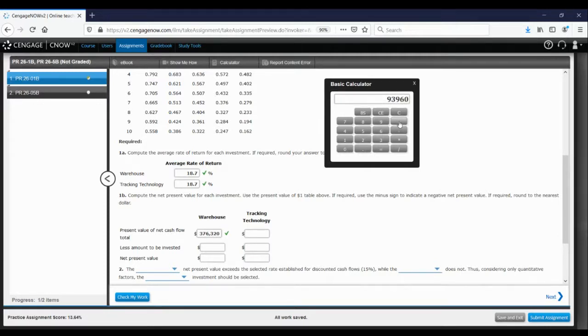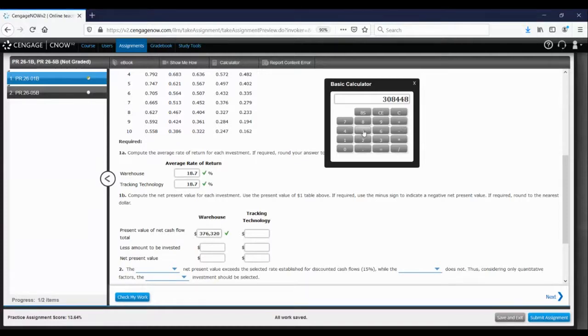We're going to add that to the present value for year 2, which was 81,648. And we're going to add to that year 3's present value, $71,064. And we're going to add to that the next year's present value at 61,776.